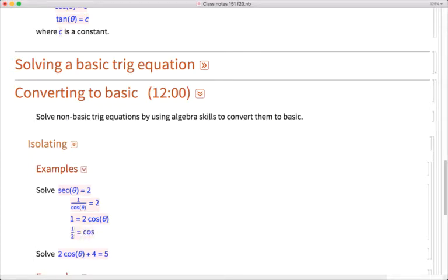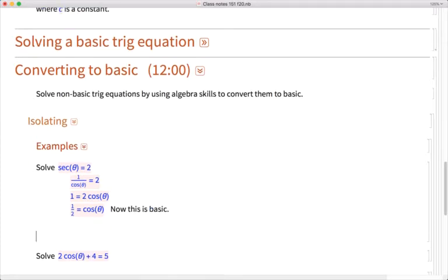And now we've isolated the cosine by itself. Now this is basic. We just learned how to do it, and this follows the basic formula.